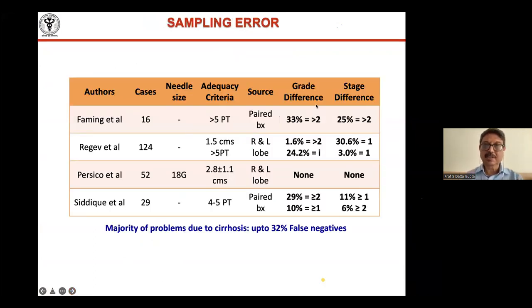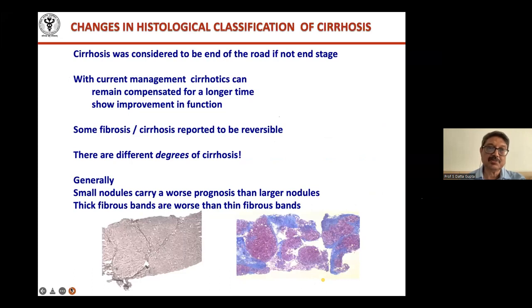If you take samples from the left and the right lobe, there is a difference in the grade and stage in almost a third to a quarter of cases. It may be lower also. So in patchy disease, this will always be a problem. You may always curse your histopathologist that it's not correlating clinically, or vice versa. So this will always be there.